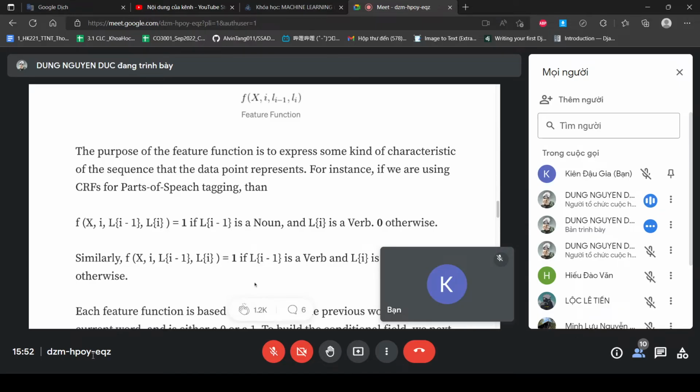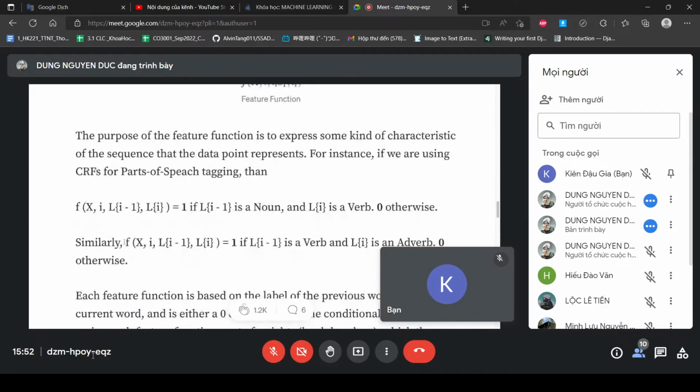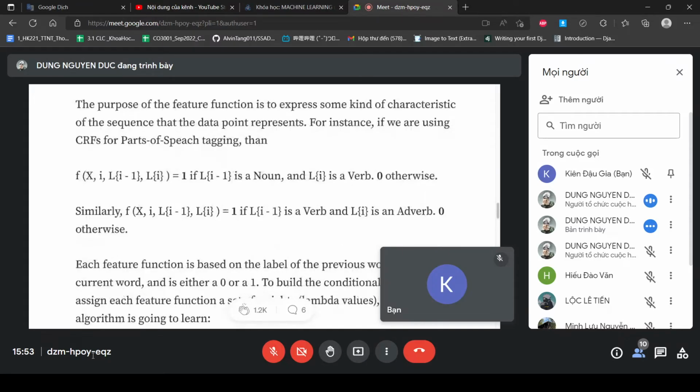Okay, and you can see here this is another feature function. If you see a verb, then the one after it should be an adverb. Otherwise, this feature function will fail. Okay, it returns 0 otherwise. So you may have a collection of feature functions, a lot.